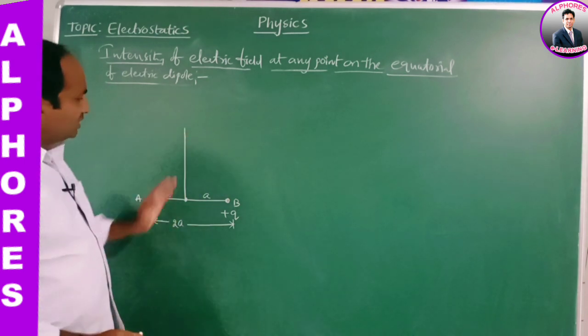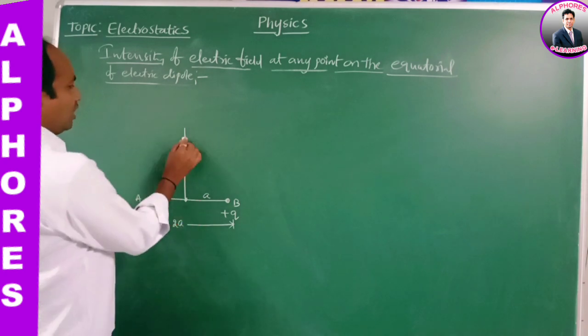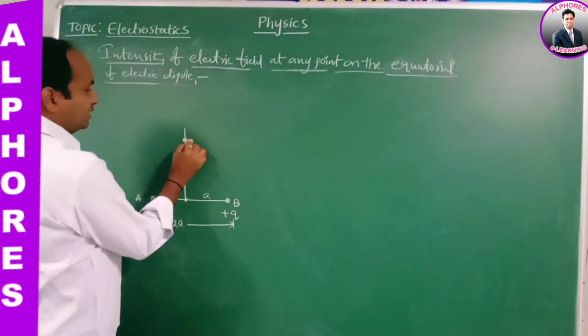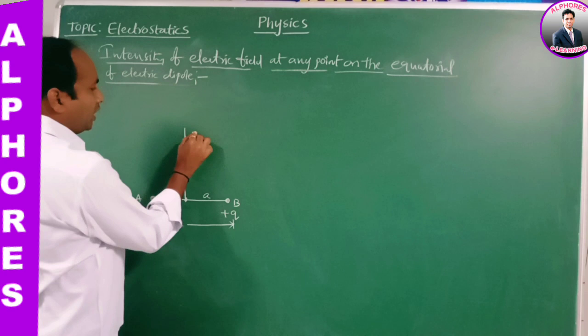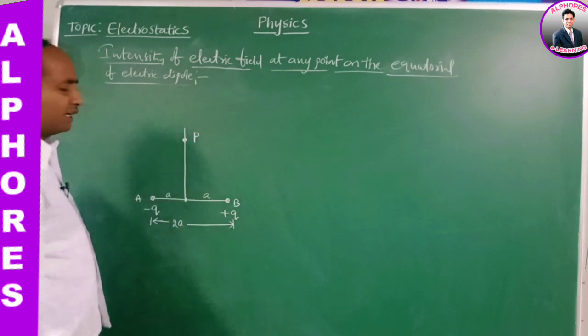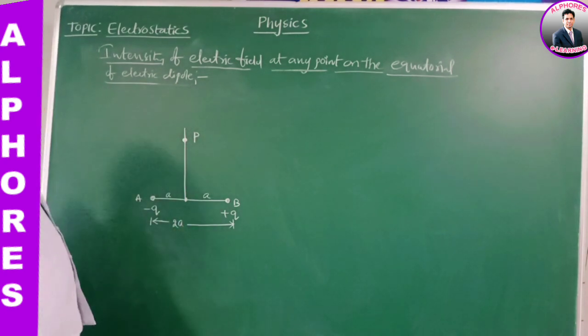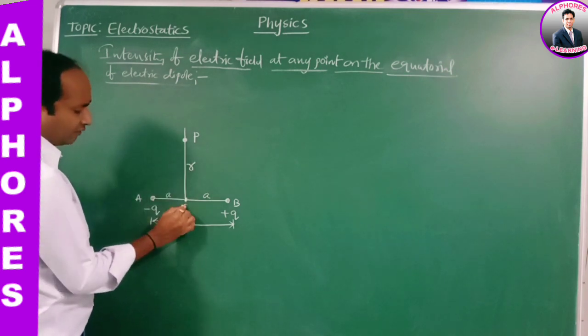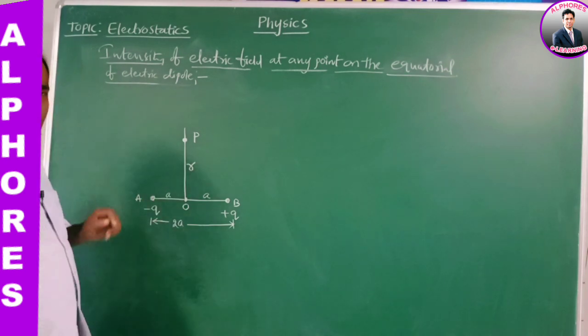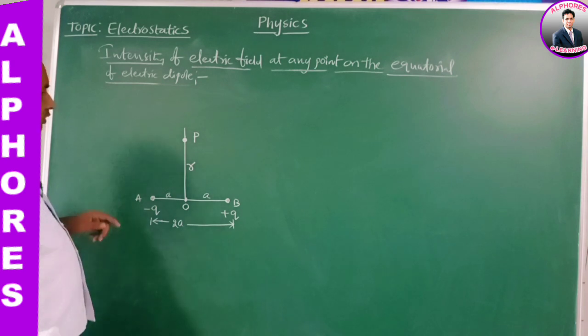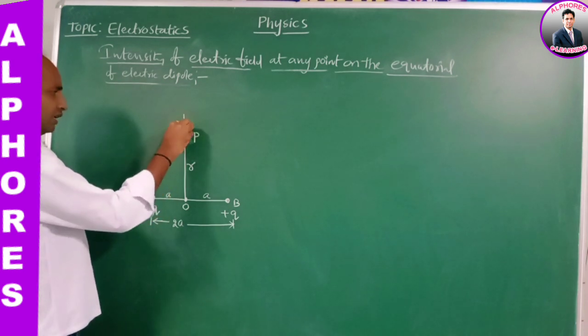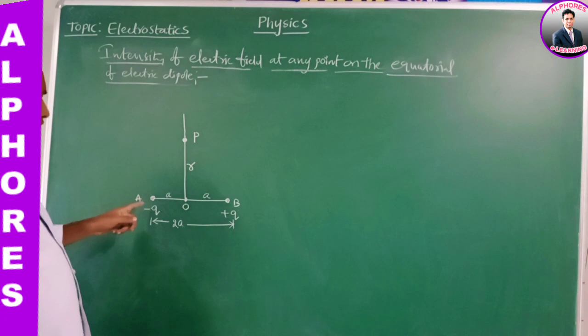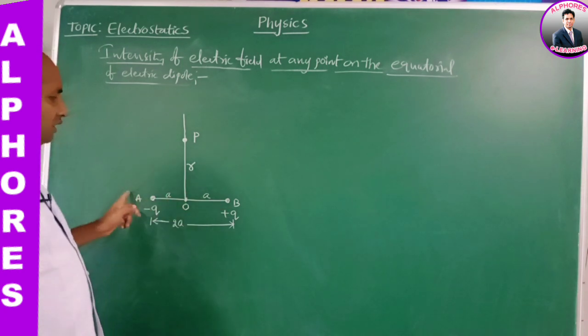Now consider a point on the equatorial line. Let this be a point P on the equatorial line of the electric dipole, at a distance r from the center of the dipole. Now again we should calculate the intensity of electric field due to the positive charge and the negative charge.